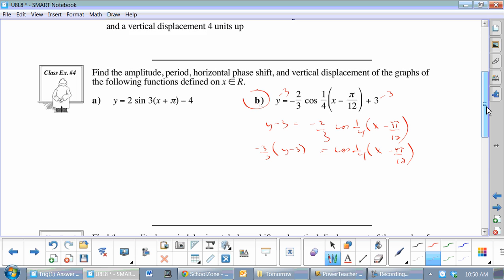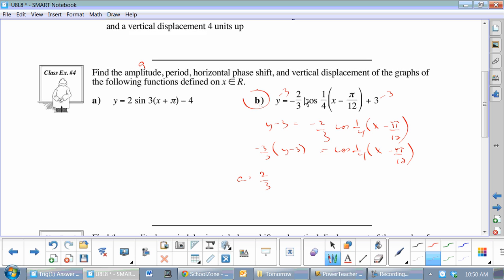Now, it asks for, first of all, the amplitude, which is A. What is the amplitude of this equation, this graph? 3 over 2? 2/3, right? Remember, it is the vertical stretch. What's the vertical stretch of this? It's a vertical stretch by 2/3. Or you could just take your A value.